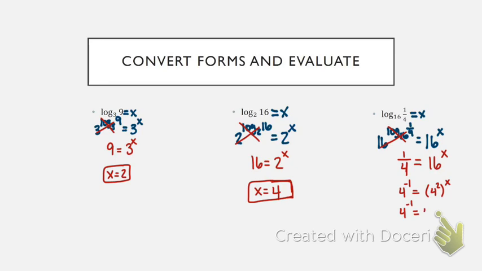And this is just the equating bases that we did Friday and Monday. So 4 to the negative first equals 4 to the 2x. Once I have the same base, I can set my exponents equal to each other. And I see, x equals negative 1/2.